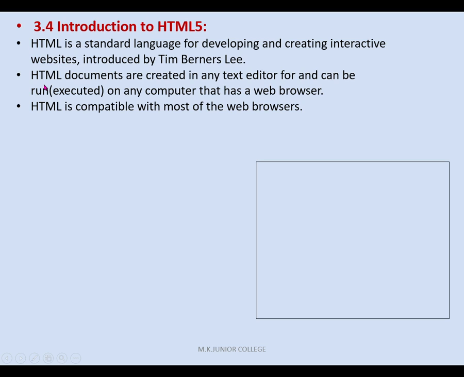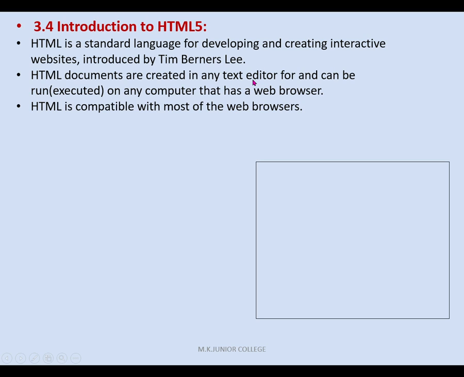To work with HTML we need a text editor or a code editor where we are going to write our program codes. From your computer you can use Notepad or Notepad++ to write a program, which is called a text editor or code editor.